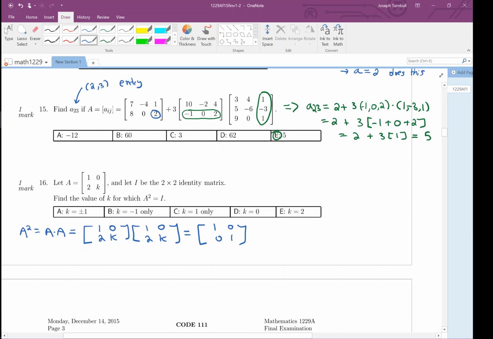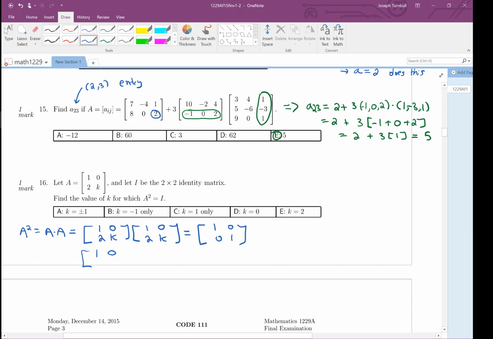Now let's do the multiplication. On the left, we're going to have first row dotted with first column. So 1 times 1 plus 0 times 2, we'll have 1. Now for the right entry, we're going to take first row, second column. So 1 times 0 plus 0 times k, so 0.